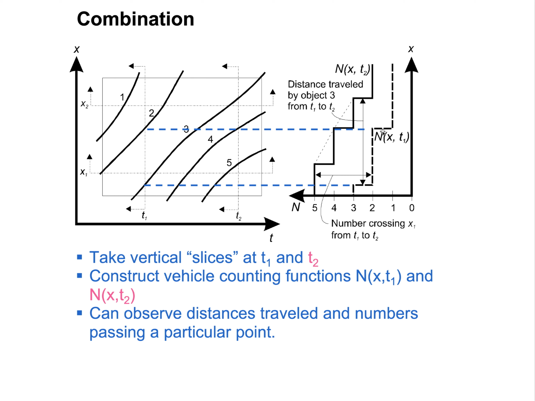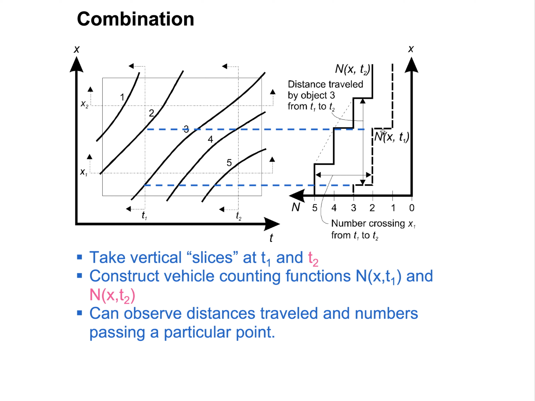And then the solid stair step on the right hand side, that is n of x and T2, that corresponds with the intersection between the arrival of vehicles number 3, 4, and 5. So the stair step for 3, 4, and 5, you translate over to the right. So you can observe the distances traveled and the numbers passing a particular point.